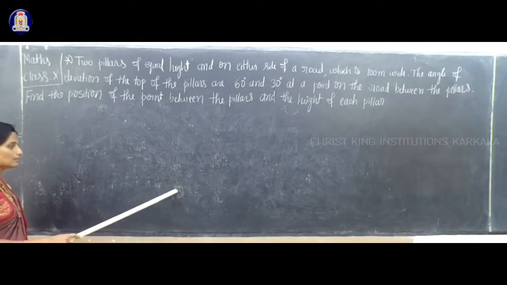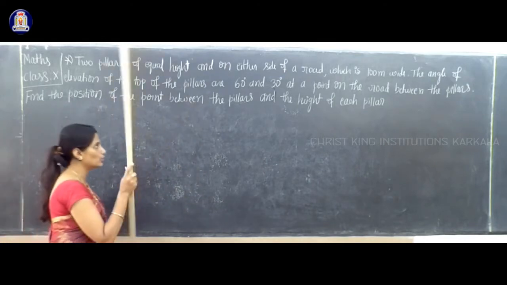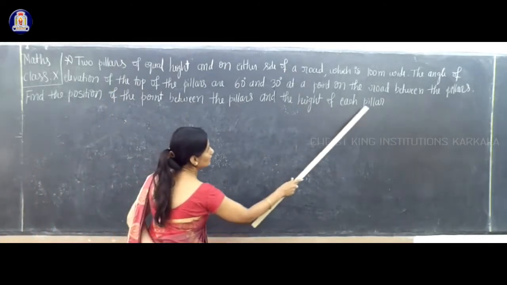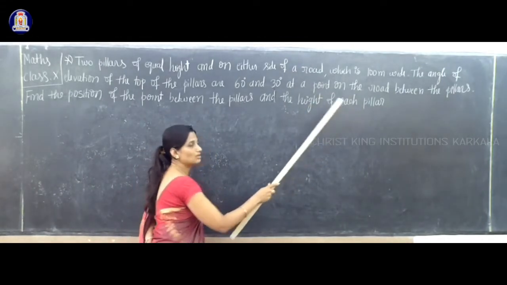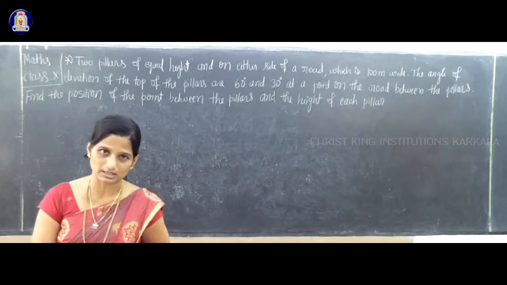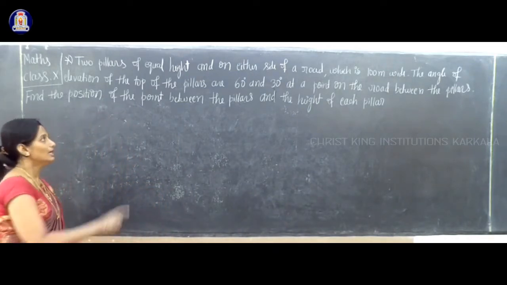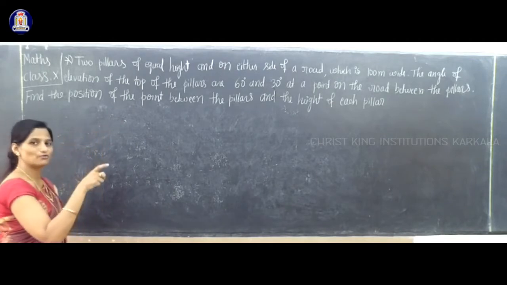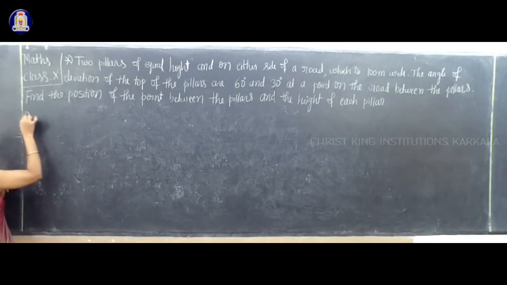That is the position of the point between the two pillars to find out, and the height of each pillar. Each pillar is of equal height. So the first question is to find the height of the pillar and the position of the point between the two pillars. So we'll draw the figure.